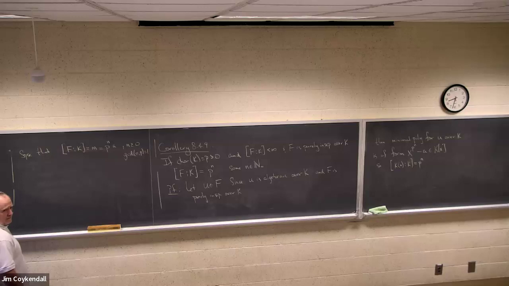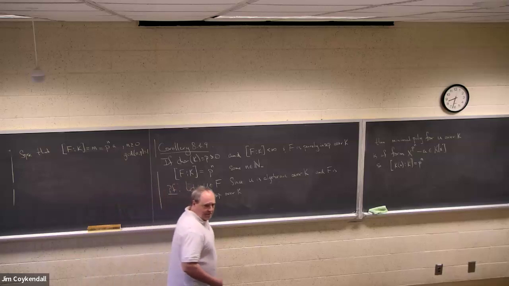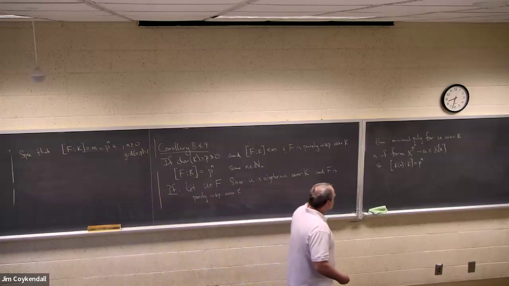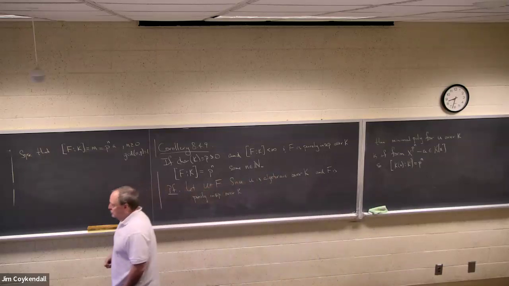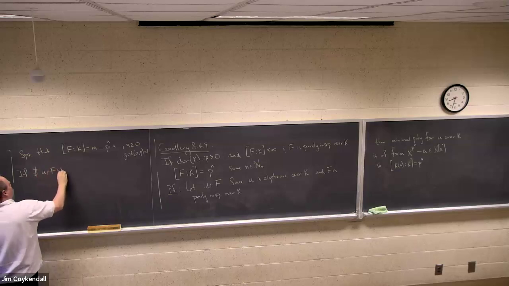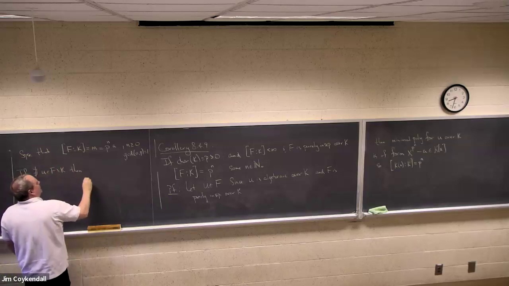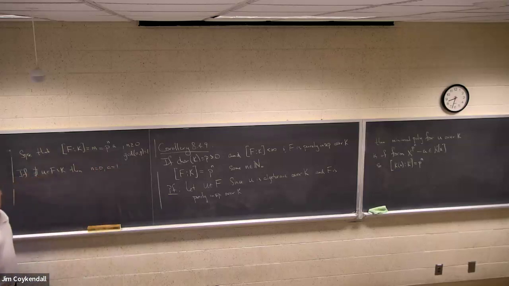Well, one way we can do it is we can note that K(u) is also purely inseparable. So we can just keep throwing on extensions, primitive extensions, until we get up there. If there's nothing in F that's not in K, then it certainly must be the case that n equals 0, right?